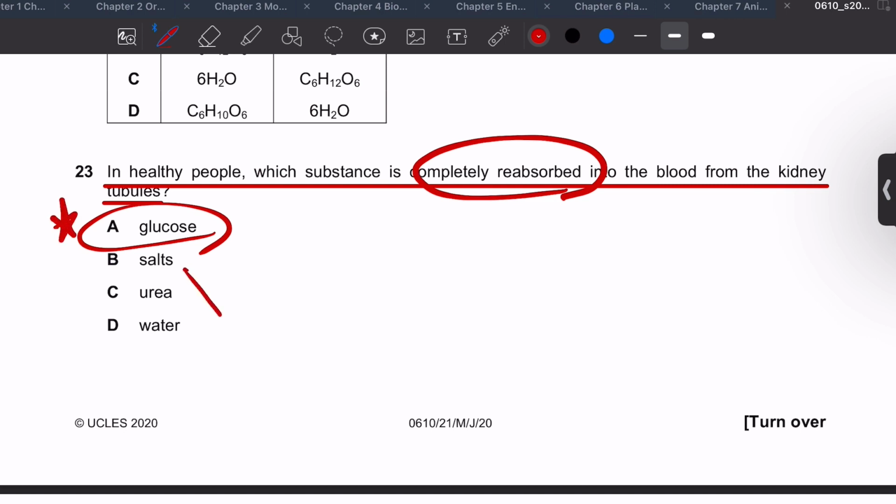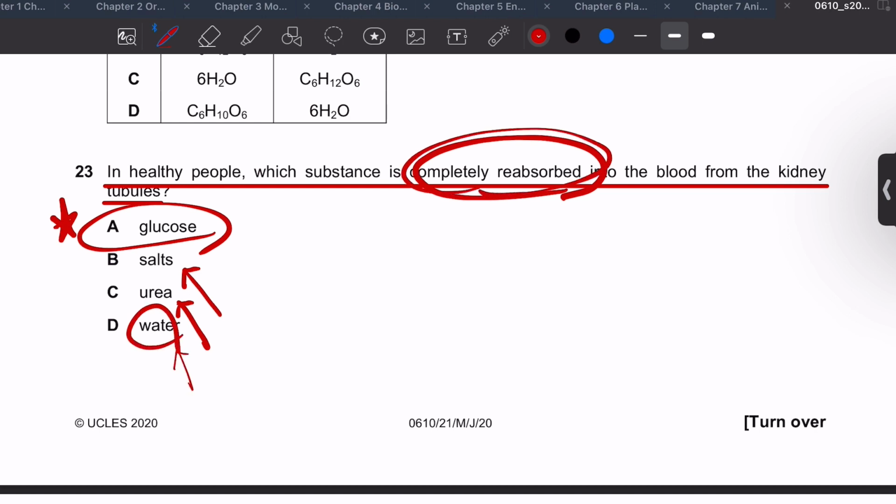If we completely reabsorb all the salts, then the water potential inside the body will decrease, and that can cause a bit of a problem as well. Urea is not really needed in our body. I mean, it gets reabsorbed a tiny bit, but never completely reabsorbed. And water, same thing.